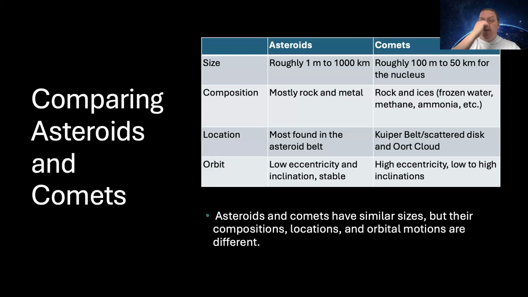Now, if we compare asteroids to comets, this is a little misleading because I talked before about something known as a selection effect: we see a range of, say, masses, in this case sizes. When I say that asteroids are roughly between 1 to 1,000 kilometers, the 1,000 kilometers you can basically take to the bank. Asteroids typically do not get any larger than 1,000 kilometers in diameter.